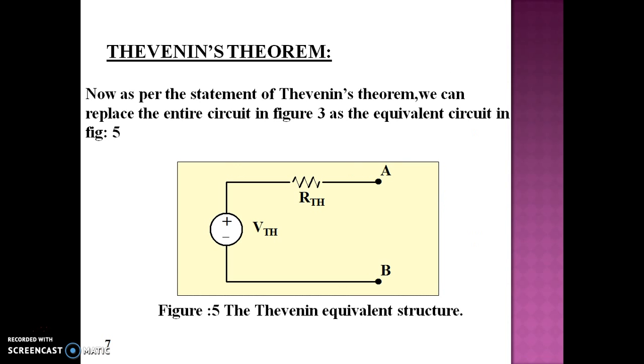Now we have got our equivalent voltage and equivalent resistance. The final step of this Thevenin's theorem is to connect the voltage source in series with the resistance across that terminal AB. Now the entire circuit is simplified to VTH and RTH.